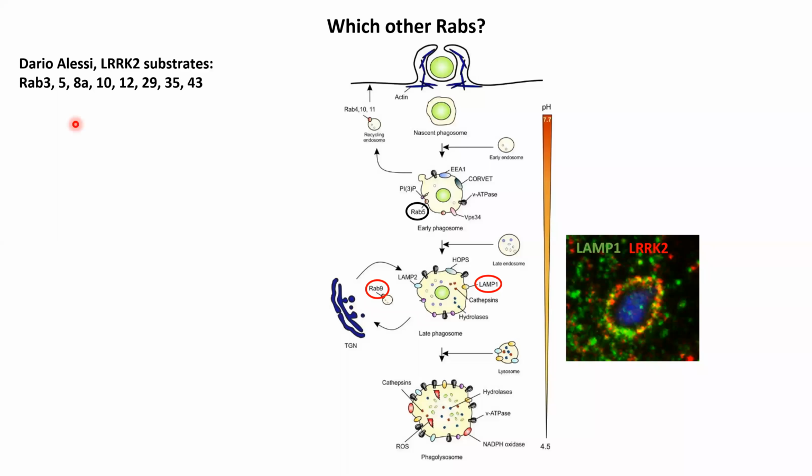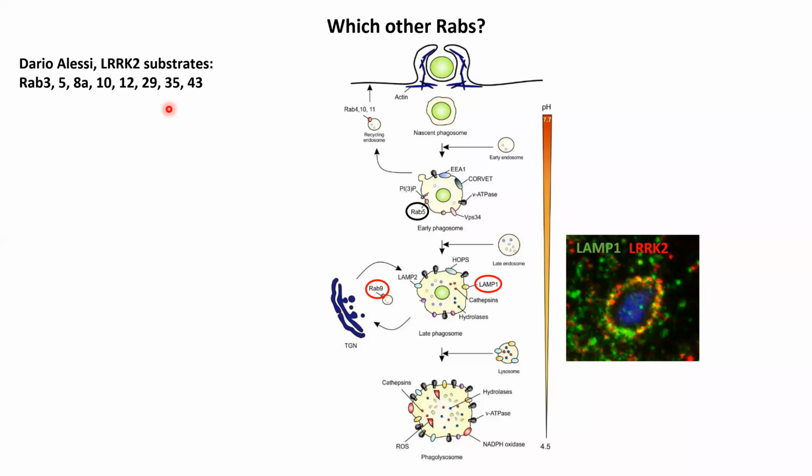Around the time that we were doing this, Dario Alessi published beautiful papers showing that LRRK2 can phosphorylate a subset of RABs. It's a big class of proteins, at least over 40 members, and a subset of about 7 or 8 of them could be phosphorylated by LRRK2. And RABs are responsible for shuttling vesicles around in the cell.